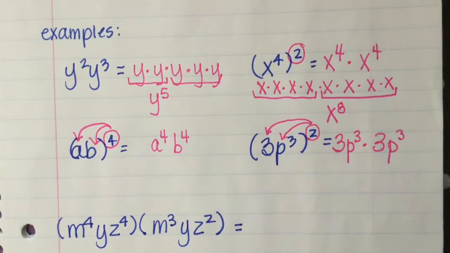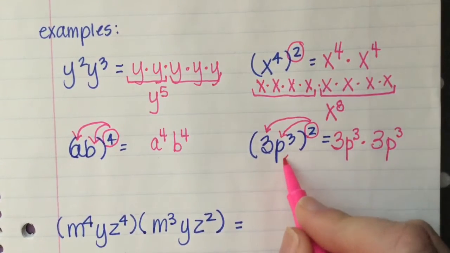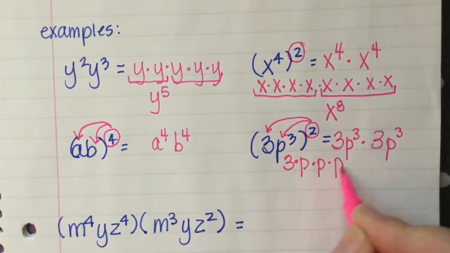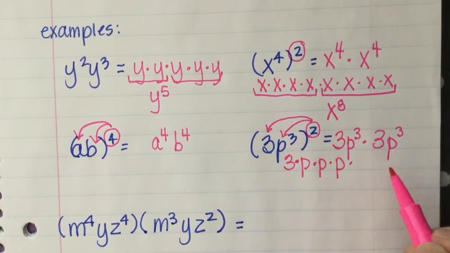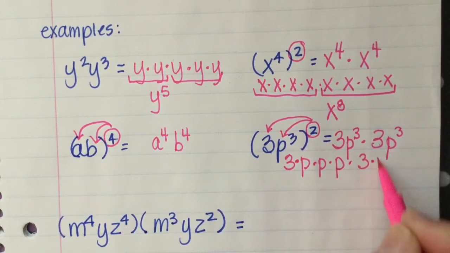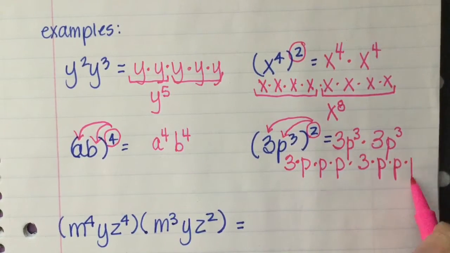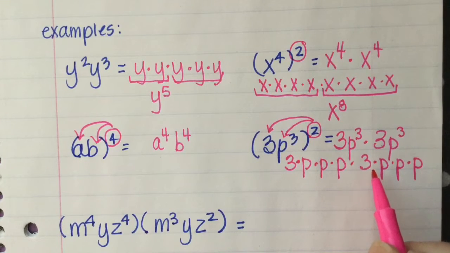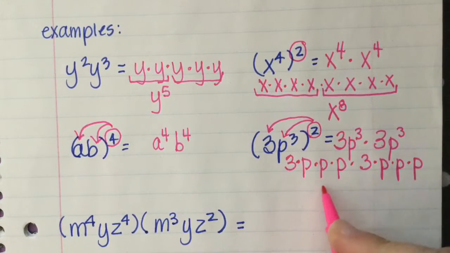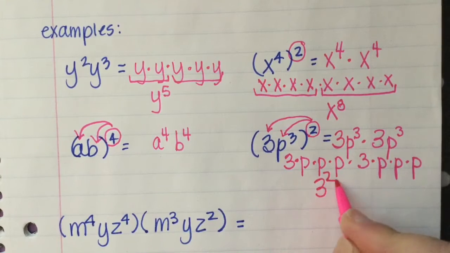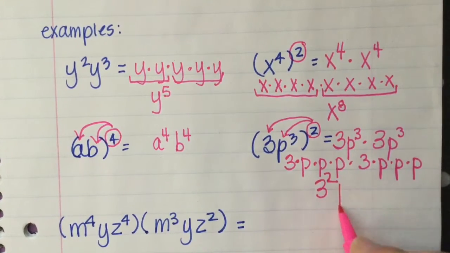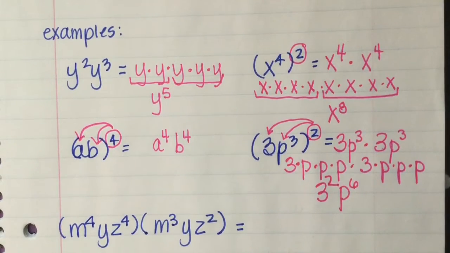So then if I expand that all the way out, I've got 3 times p times p times p, and then a whole other set of that, 3 times p times p times p. If I want to consolidate those or simplify, I have 2 of these 3s, so I'm going to write it as 3 squared, and I have 1, 2, 3, 4, 5, 6, or p to the 6th power.